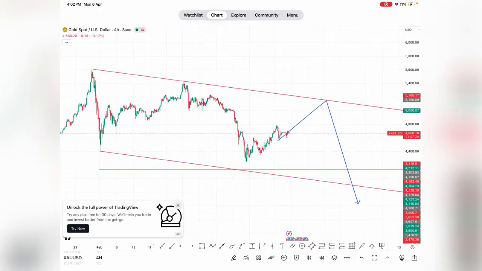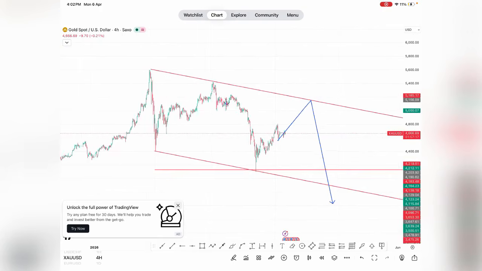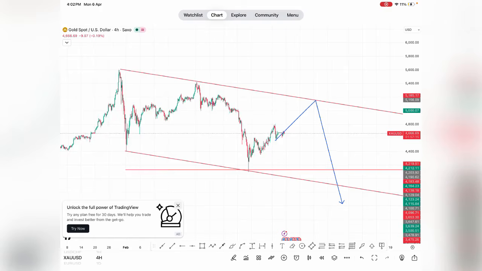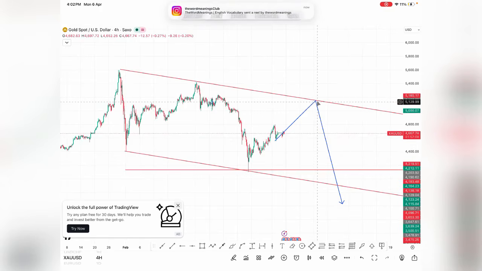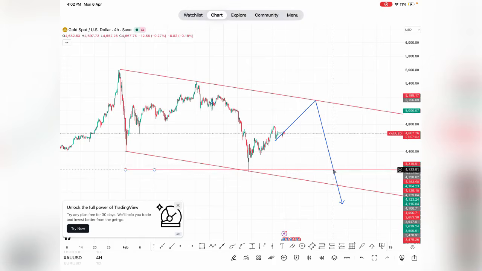Okay, so this is a very nice chart. We are expecting the market to hit a lower high, after which it comes down to hit a lower low. All right.